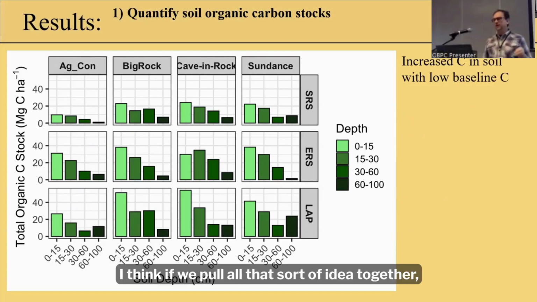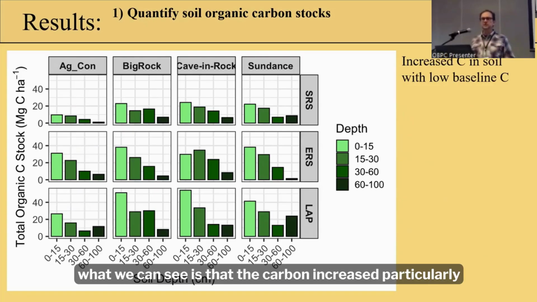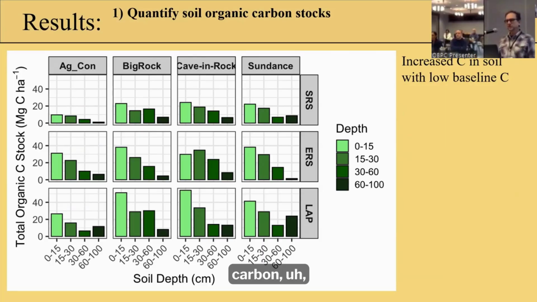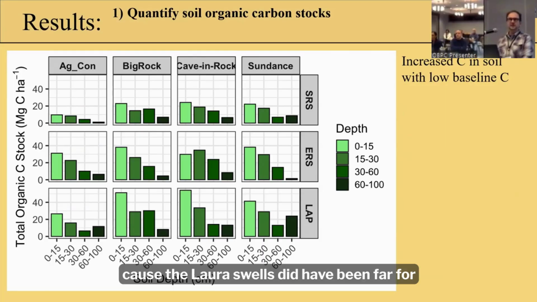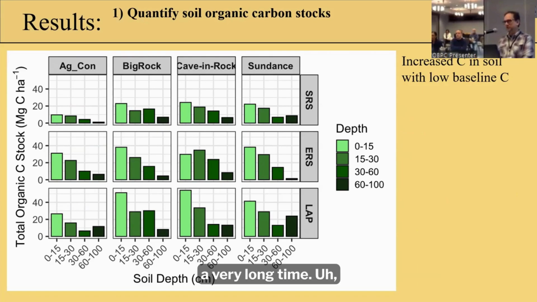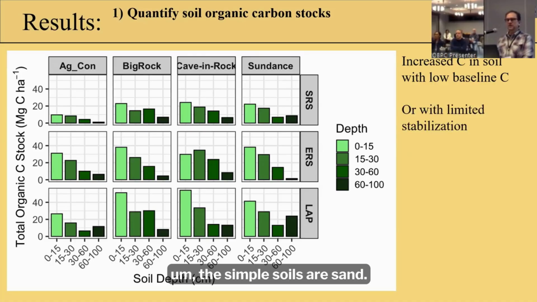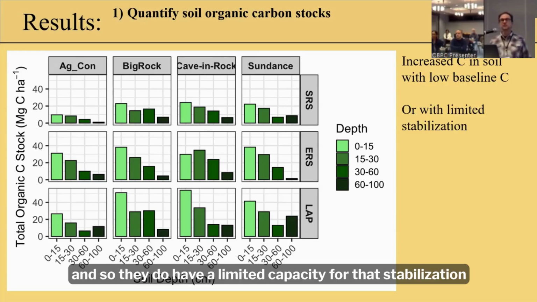I think if we pull all that sort of idea together, what we can see is that the carbon increase, particularly in soils that started with the low baseline carbon, because the Elora soils have been farmed for a very long time, and so they are lacking in carbon because of that. The Simcoe soils are sand, and so they do have a limited capacity for that stabilization.